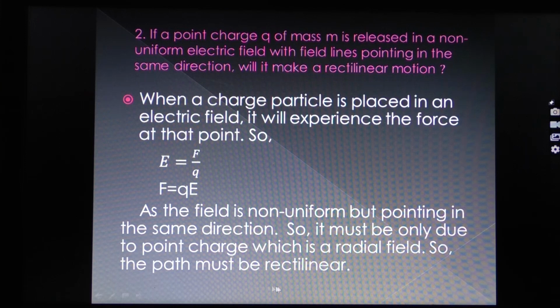So the path must be rectilinear. So the charge will make a rectilinear motion along the direction of the field lines. That is, maybe radially outward if it is a positive charge, or radially inward if it is a negative charge.